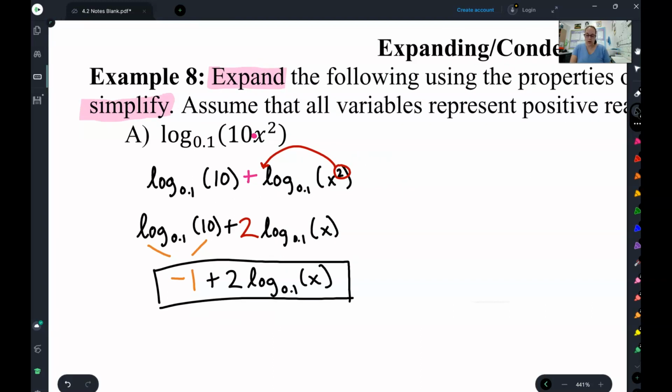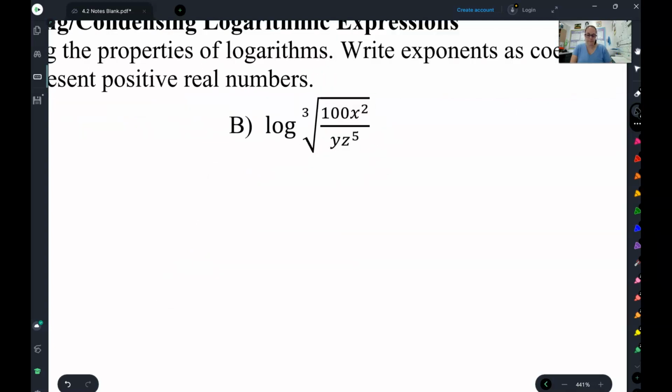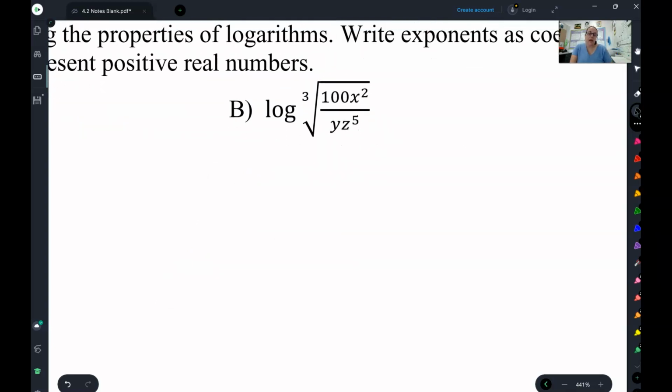Now let's take on a little bit of a harder one. B. Now, I'm going to get you started on B, and then I would like you to pause the video and try to finish this one on your own. So the first thing I'm going to get you started on is we have to change that root into an exponent.